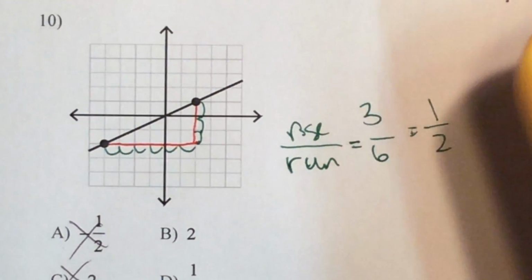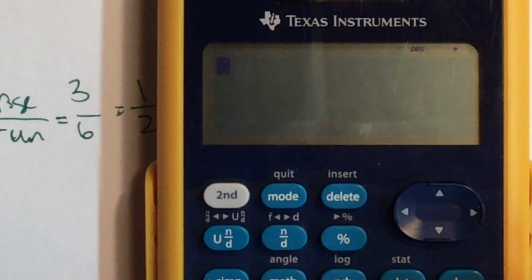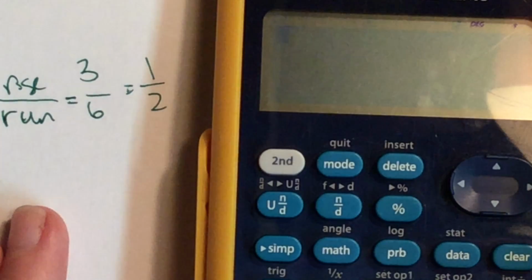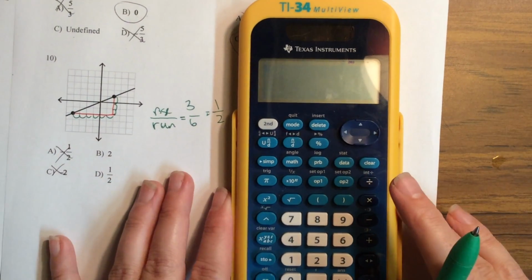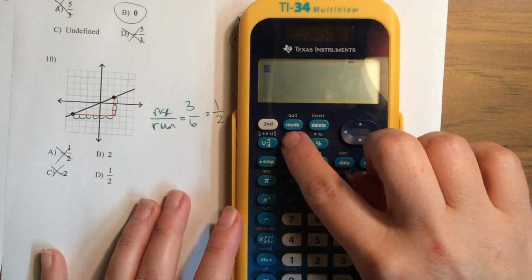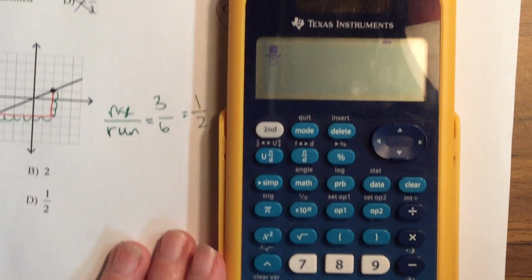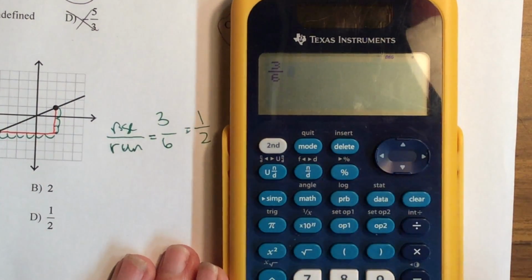And if you weren't sure how to do that, if you need a calculator to do your fractions for you, let me show you how to use this calculator. So the very first thing you're going to do is hit the fraction button. And it's going to give you two little blocks. You're going to put 3 on the top and 6 on the bottom.